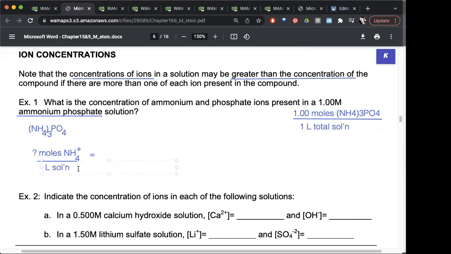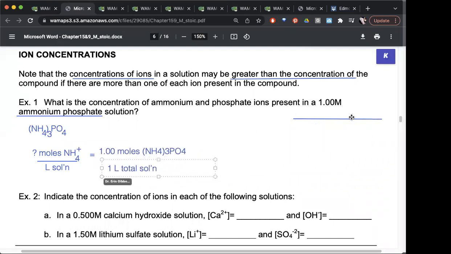So now I'm building that molarity of just the ammonium ion, and we are going to start with this factor here. So I'll just bring it over. If we start with 1 mole per liter of ammonium phosphate solution, we're going to use that mole-mole relationship to change the label.